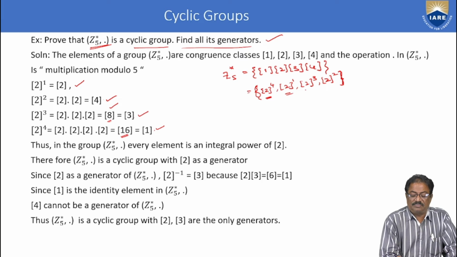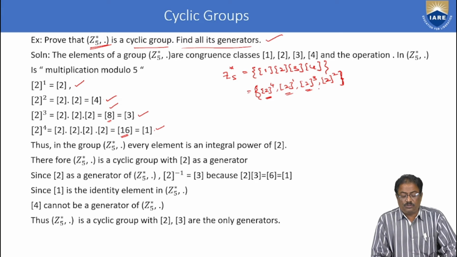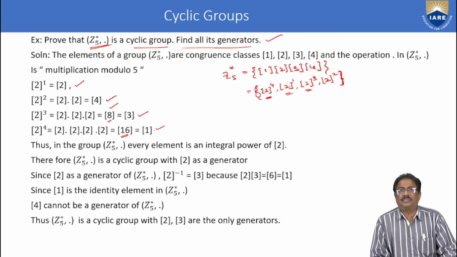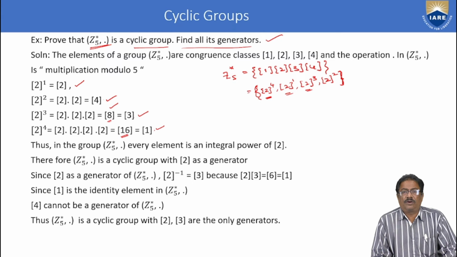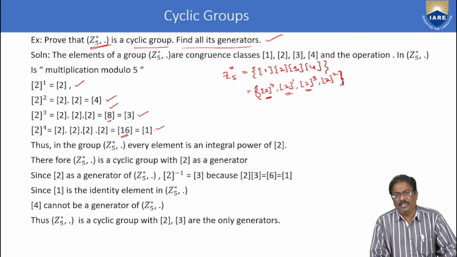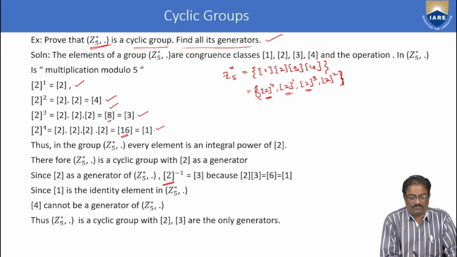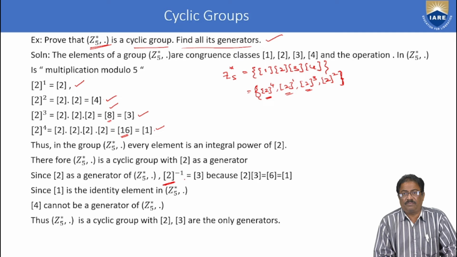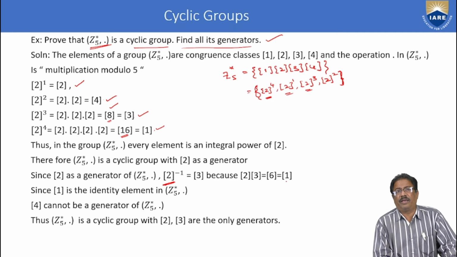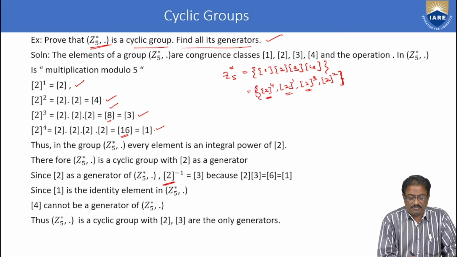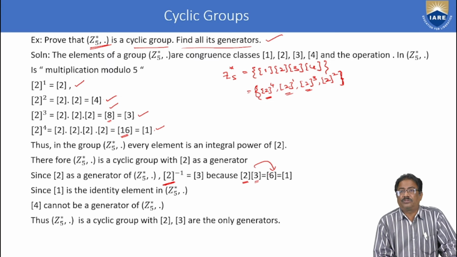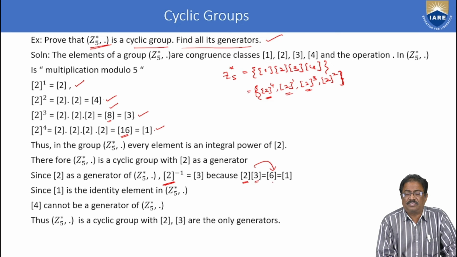So now this is the generator. What is the other generator? For finding the other generator, we take the inverse. What is the inverse of 2? We look for the value that gives the identity. If I take 2 into 3, I get 6. 6 is more than 5, so I divide by 5 and the remainder is 1. 1 is the identity element.